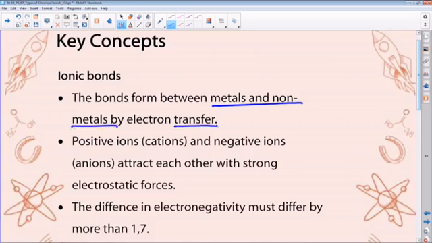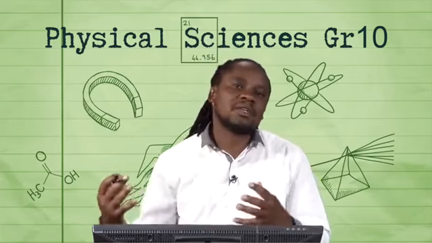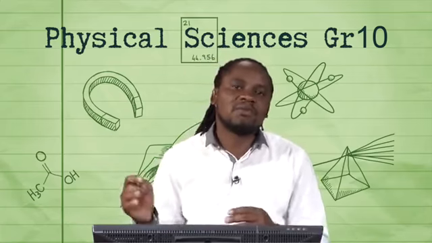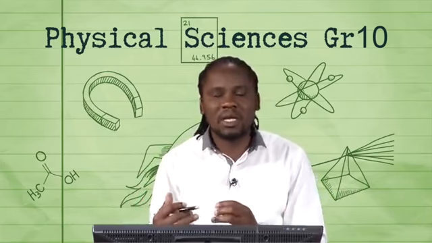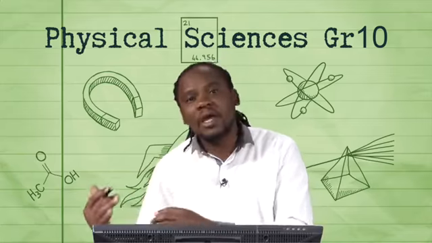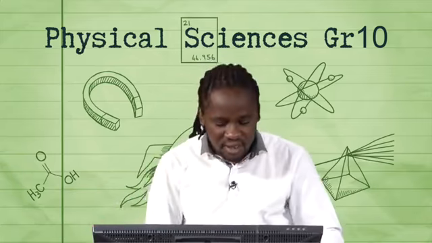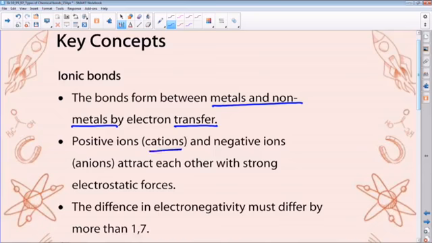Transfer means to lose completely. So sodium loses, and chlorine will obviously gain. That is the net transfer. It means sodium will have more protons than electrons, whereas chlorine will have excess electrons. The positive ion is the cation.